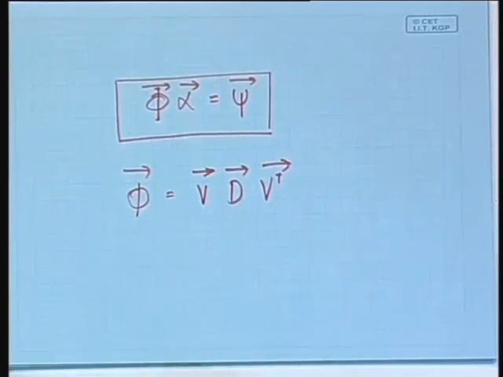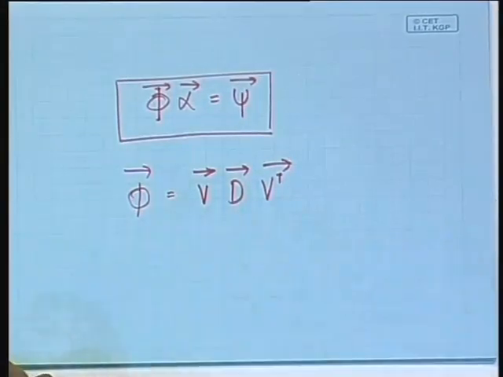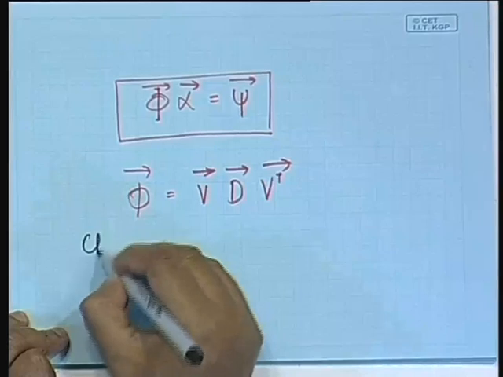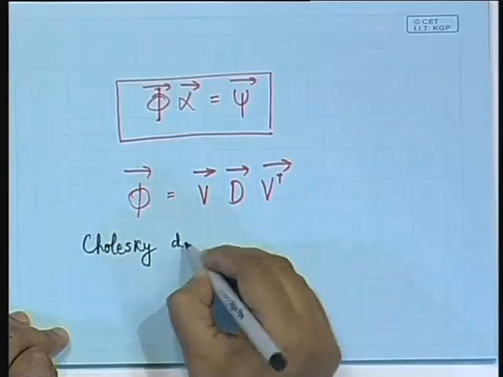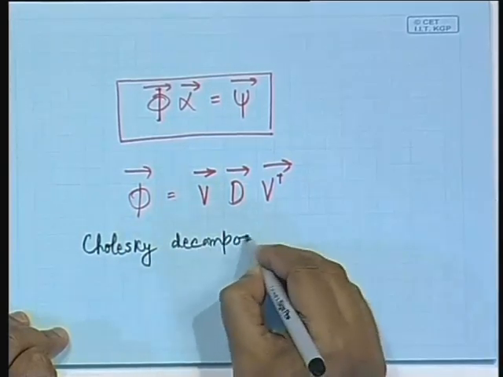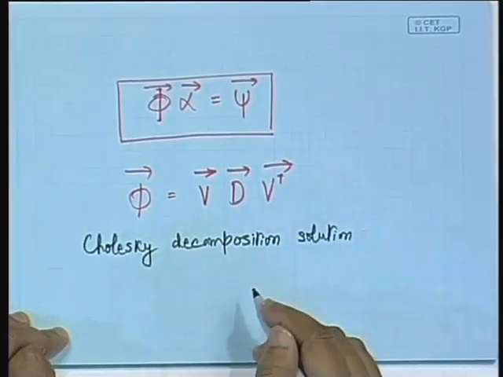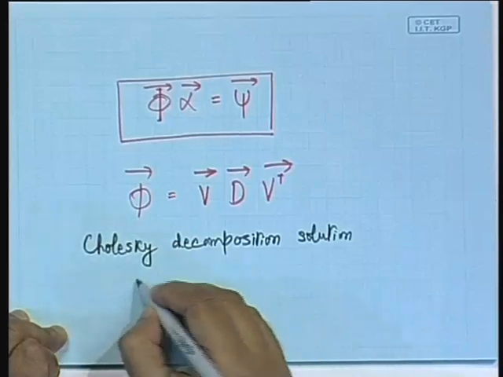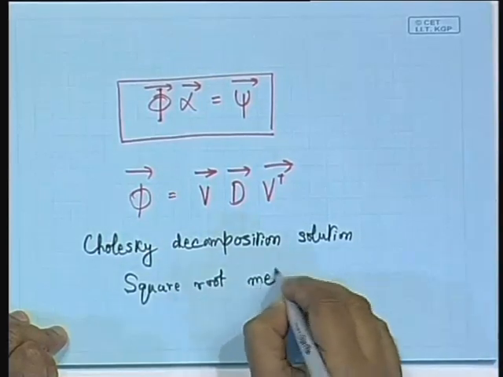So now what results is what will be referred to as the square root approach. If I express the phi matrix in this form, then this decomposition form is known as the Cholesky decomposition. This is referred to as the Cholesky decomposition solution of the covariance method, and is also popularly known as the square root method.